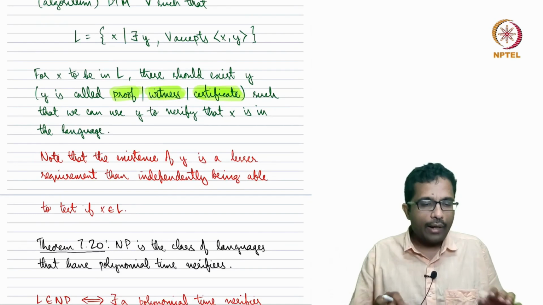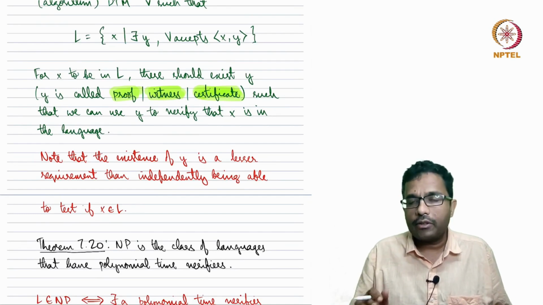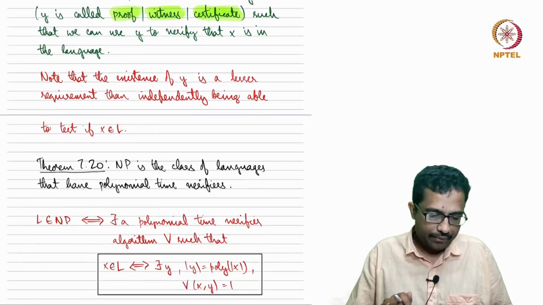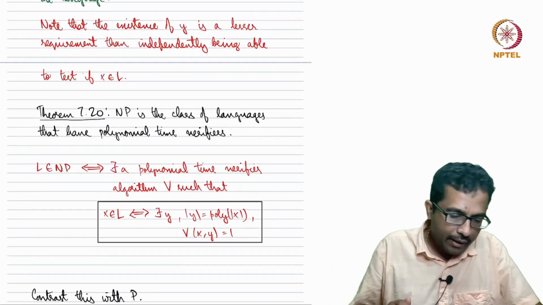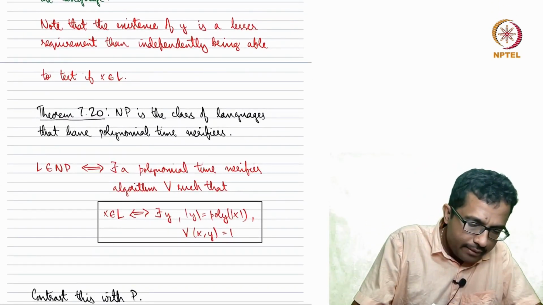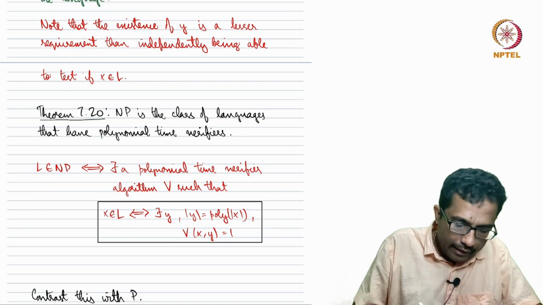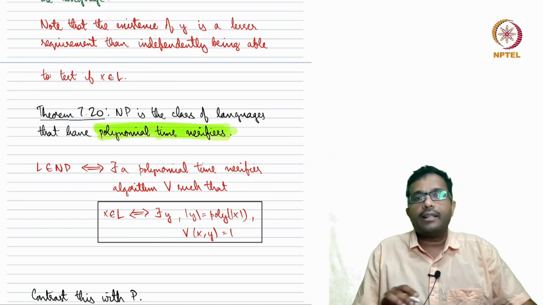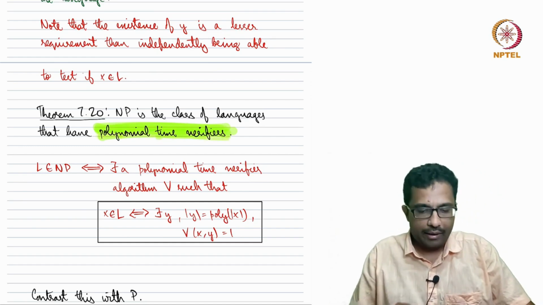So Y is a proof or witness or certificate that helps us determine that X is in the language, right? And what is NP? NP is the class of languages that have polynomial time verifiers, right? So this is the characterization of NP using the guess and verify model.